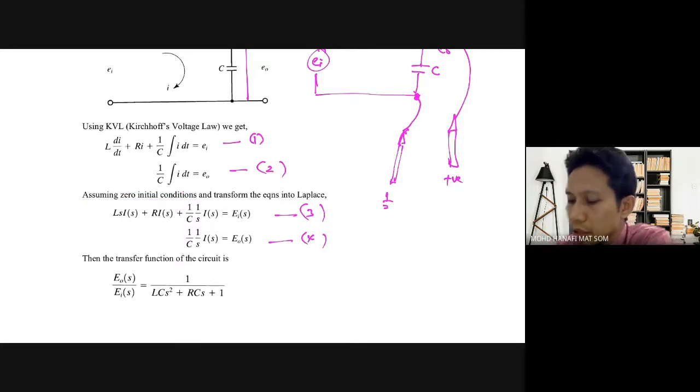So in this case, we have L di over dt. L is a constant, the value of inductance, so I just leave it as L. Then we have the differentiation di over dt, where we have d^n i over dt^n with n equal to 1.